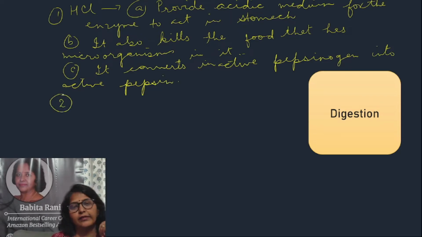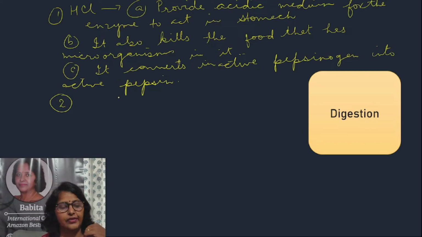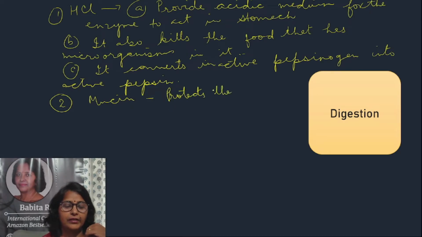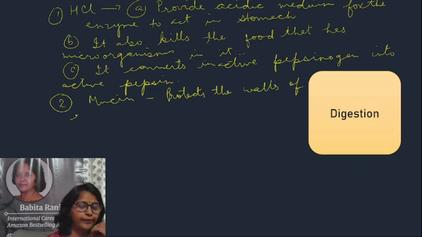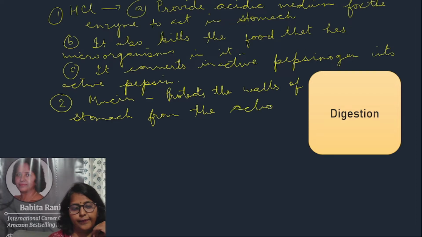Another component of gastric juice is mucin. Mucin protects the walls of the stomach from the action of HCl.